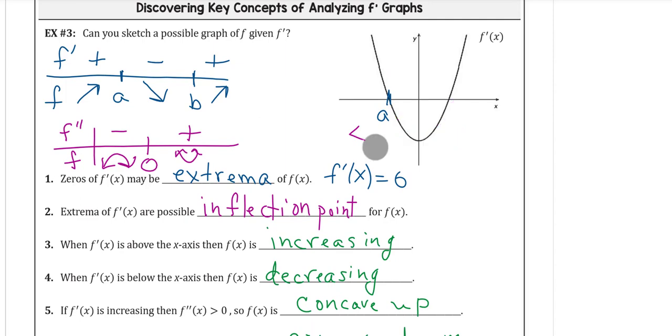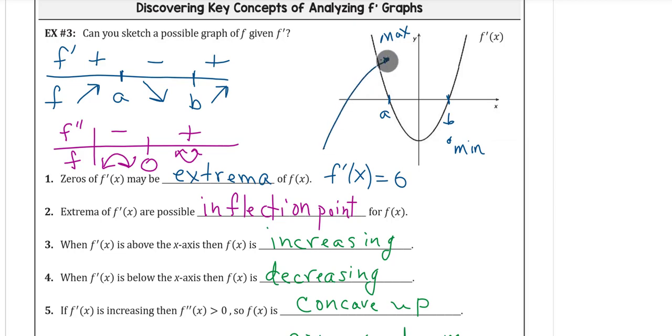All right, so using our sign chart here, oh, I should have left the A and B there. I'll put them back. We know that we have a relative max somewhere up here. That's going to be our max. And we have a minimum somewhere down here. And we also know that we are concave down before that.